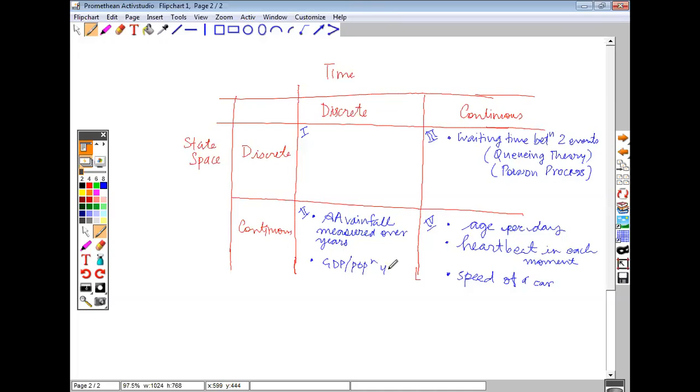Ma'am, for discrete examples, we will have to think on a very small scale, right? Because anything that goes in large numbers can be converted into a continuous thing. Yes. So something like number of patients per day in a hospital.